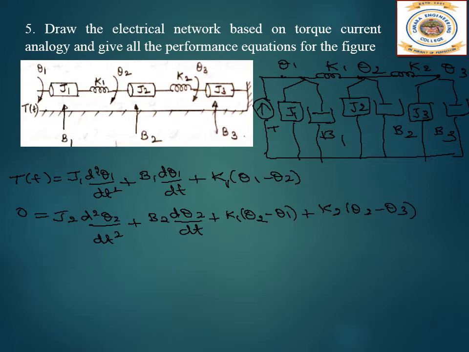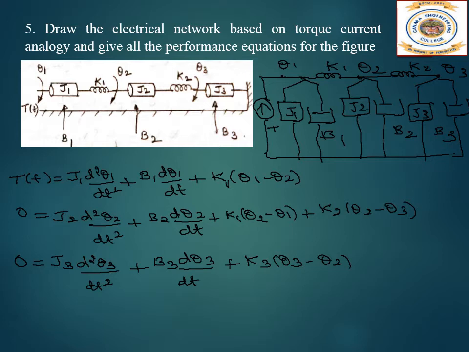Equation 2. Equation 3. 0 equal to J3 d square theta 3 by dt square plus B3 d theta 3 by dt plus we have K2 theta 3 minus theta 2. So this is equation 3.